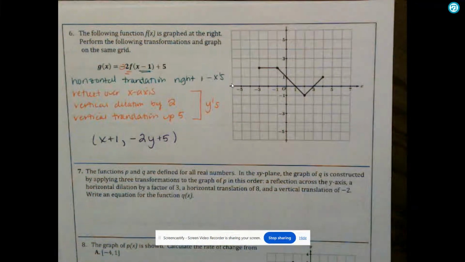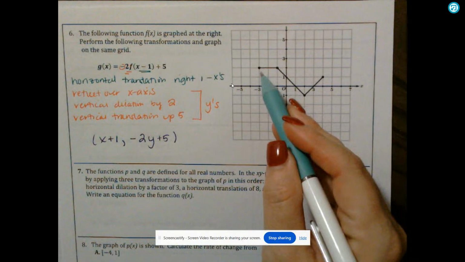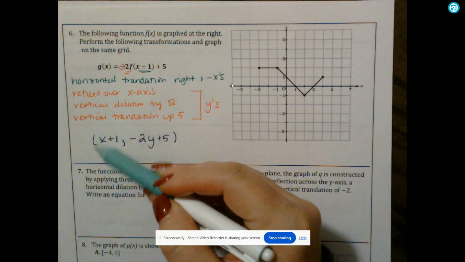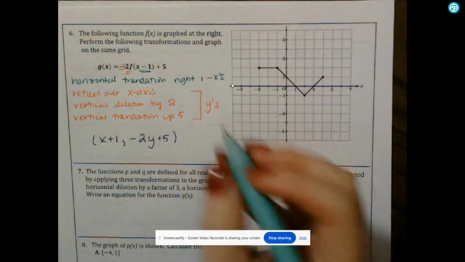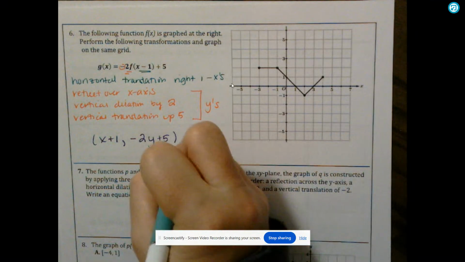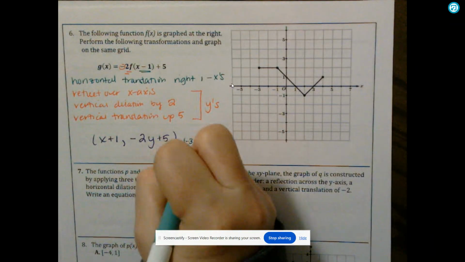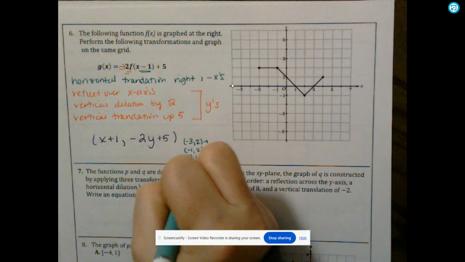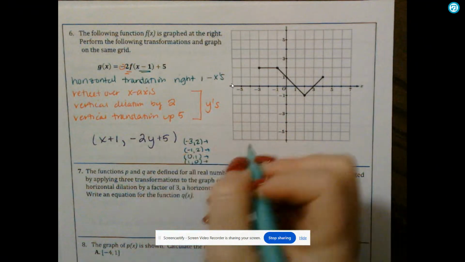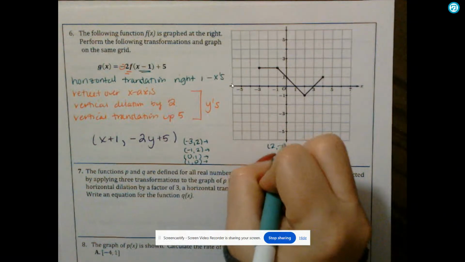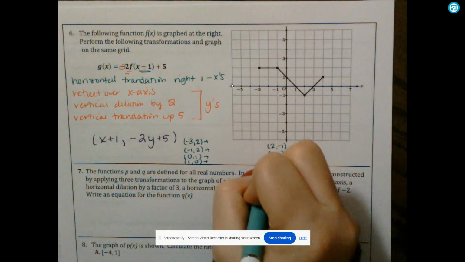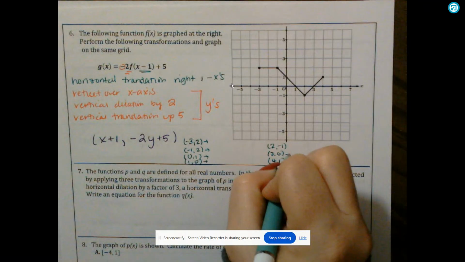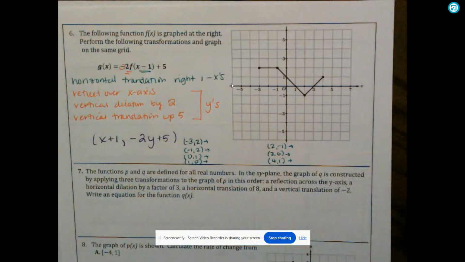All right, and then I did go through here and write out, you could do this individually, you could literally just plug in -3 as your x and add 1 to it and plot that point. So over here, I actually wrote out my ordered pairs, and then I wrote what they are going to translate into if I plug them in.